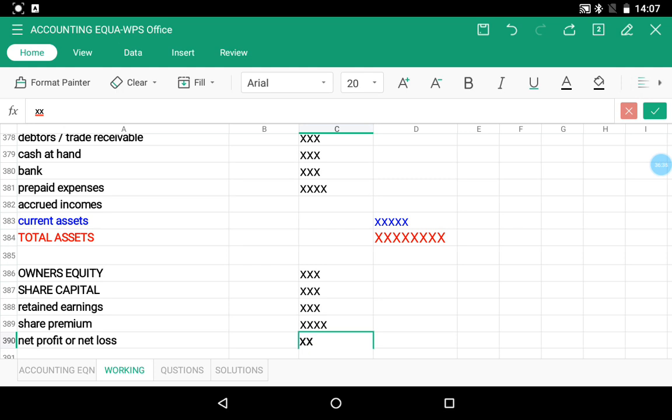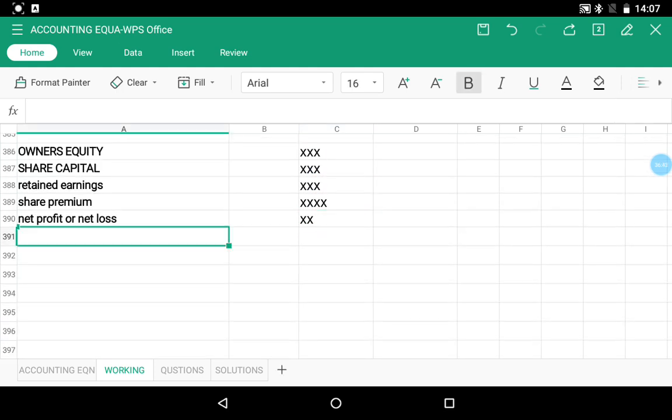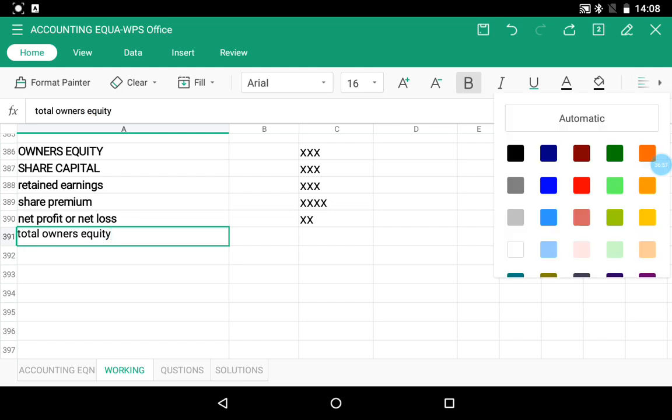In short, be very smart in what you are doing. So after doing all those things, you come and get your total owner's equity.